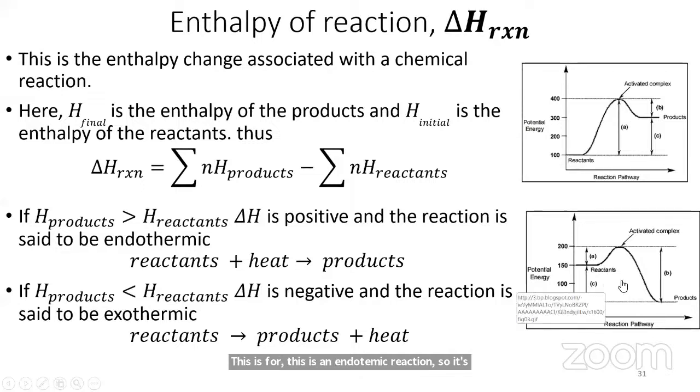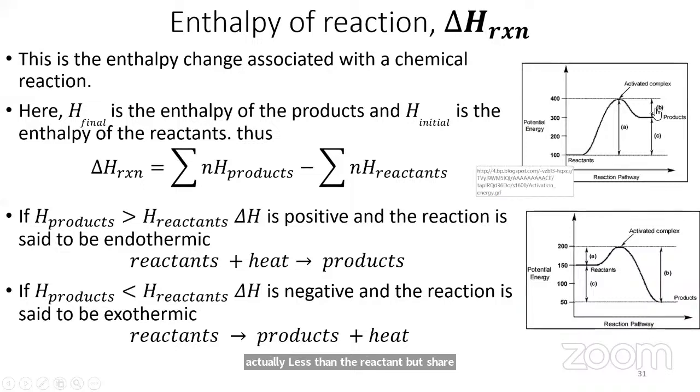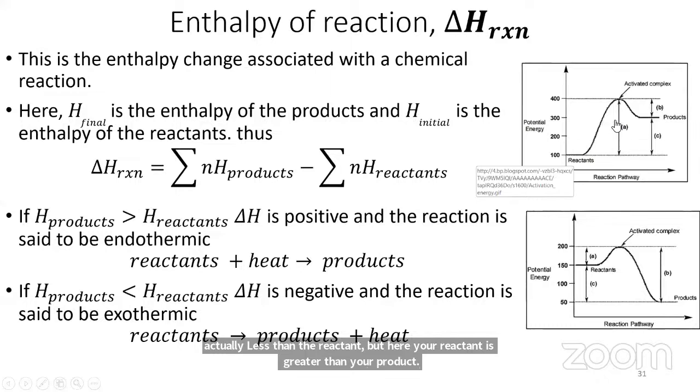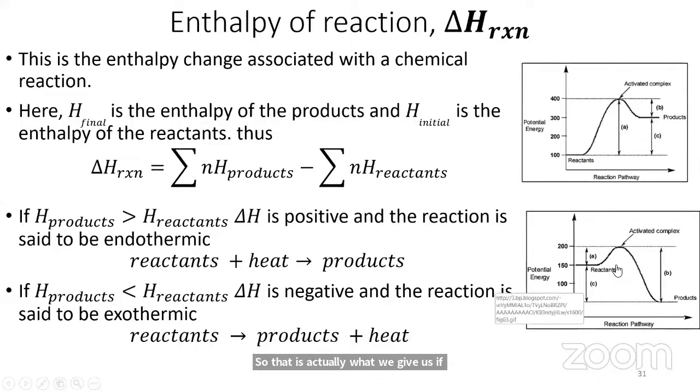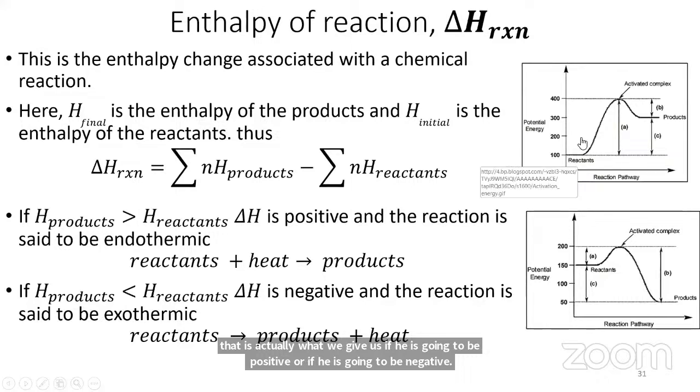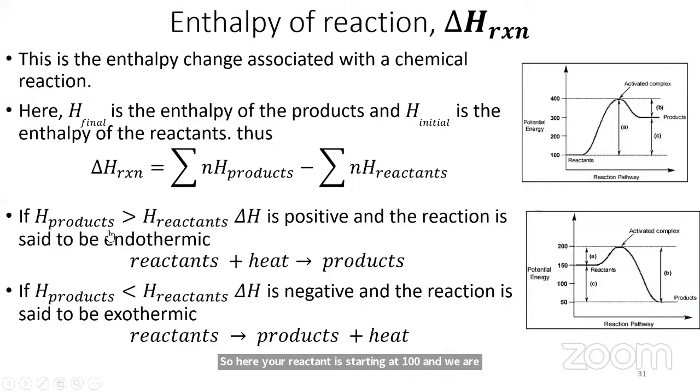Here your product is greater than the reactant, starting at 100 and getting a product at about 300. But in the other case, your reactant is greater than your product. So that is what will tell us if it's going to be positive or negative. If your H product is greater than your reactant, delta H is positive and the reaction is endothermic, while the reverse is the case.